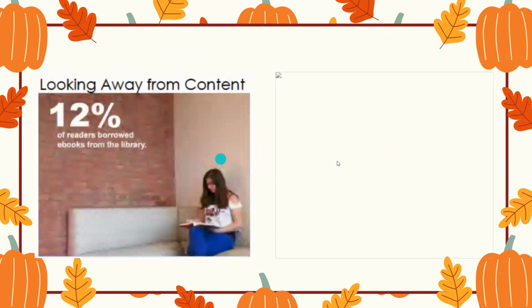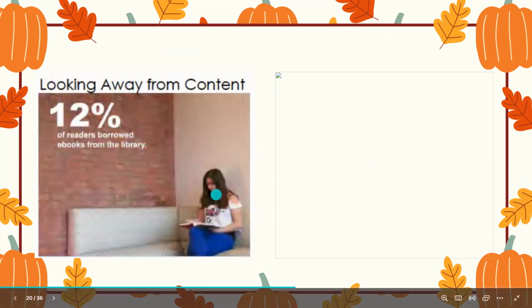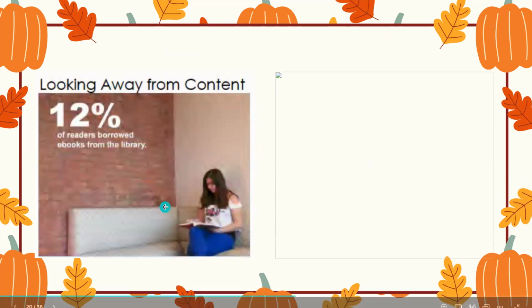So look, in this example, our object is looking down, so we're going to look at her book too. But this is what I want my audience to look at. So a better way to do this would be to have her looking up at this information. And that would move the audience to this, which is what we want our focal point to be. This image was just an example of that.